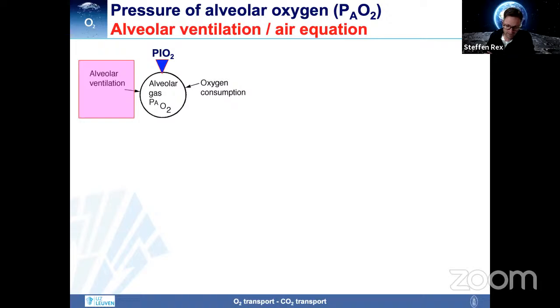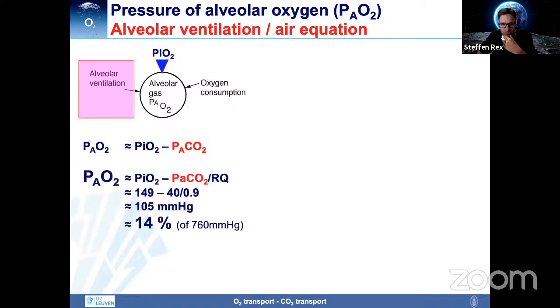They are filled with gas, and they are filled predominantly with CO2, for sure, because CO2 comes from the organs and from the tissues to the lungs to get exhaled. So the oxygen meets the CO2 in the alveoli. But this means that the oxygen that gets into the alveoli is diluted by the CO2.